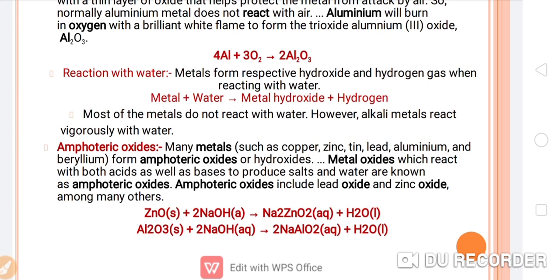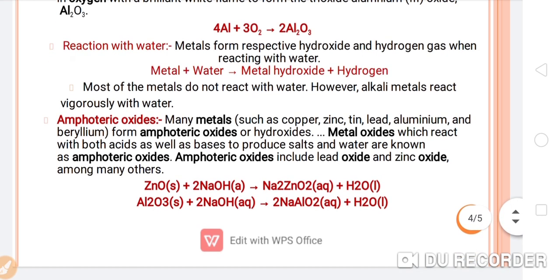This kind of metallic oxide is known as amphoteric oxide. Metal oxides which react with both acids and bases to produce salts and water are known as amphoteric oxides. Amphoteric oxides include lead oxide and zinc oxide among many others.